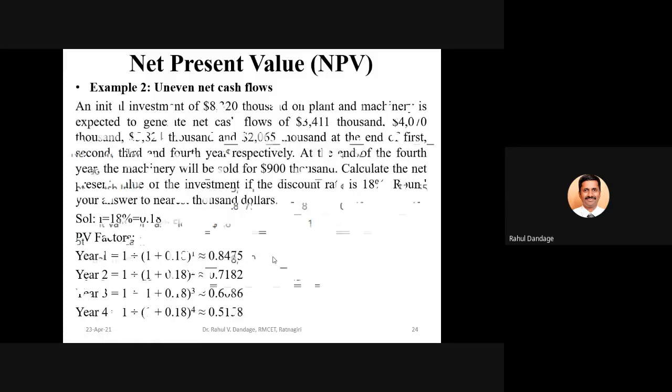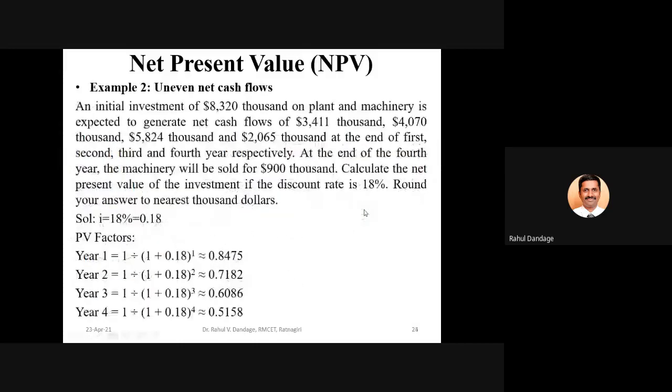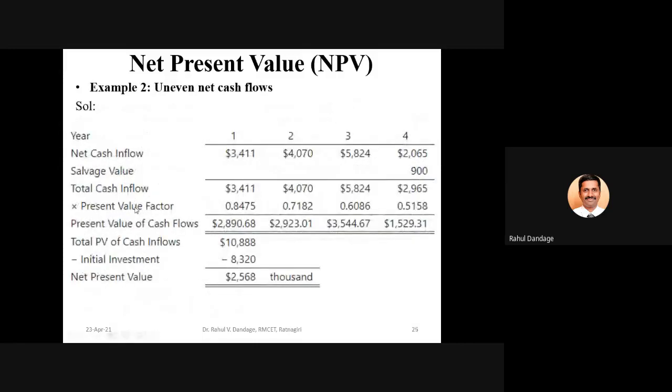We multiply the total cash inflow by the respective present value factor for each year. The present values of cash flow we are getting are 2890.68, 2923.01, 3544.67, 1529.31.